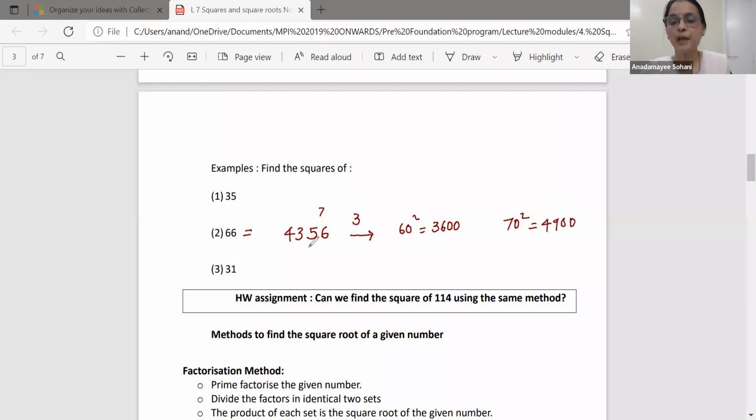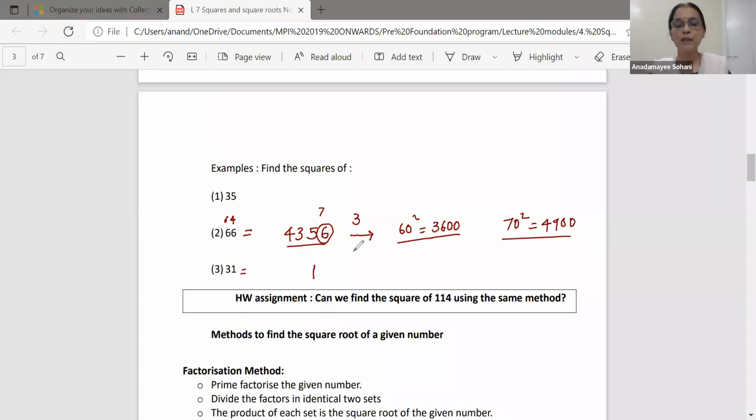If someone tells me 4356 is a square, how will I find its square root? 4356 falls between 60 square and 70 square and it ends with 6. So if this is a square, its square root is 64 or 66. That is how we are going to come back to the same number later on. And the square of 31, like we saw just now, units place is 1.